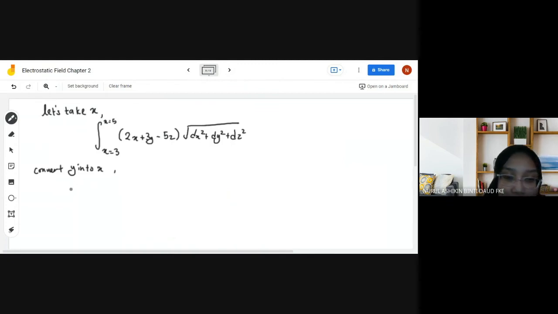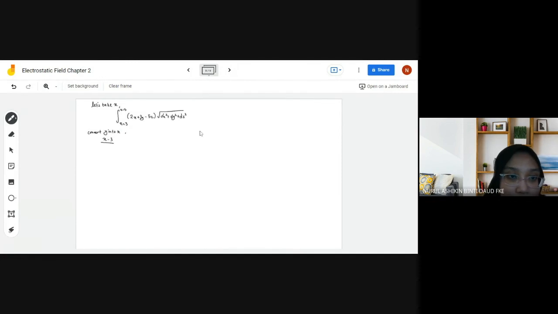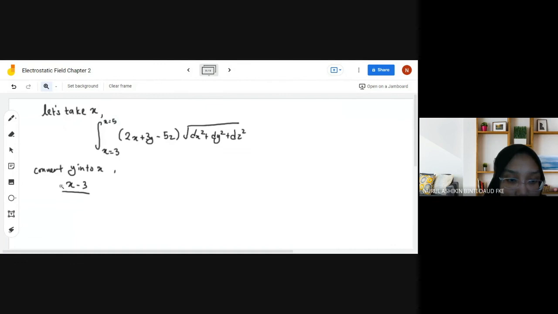We need to use x minus 3, where 3 is the origin, over y minus 2, where the origin of the y coordinates is 2.